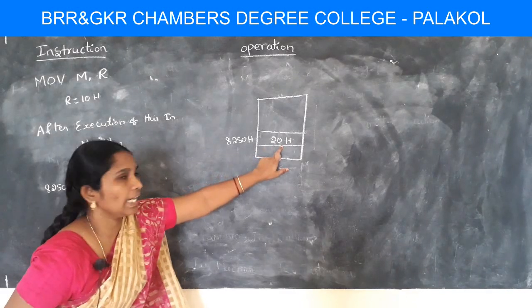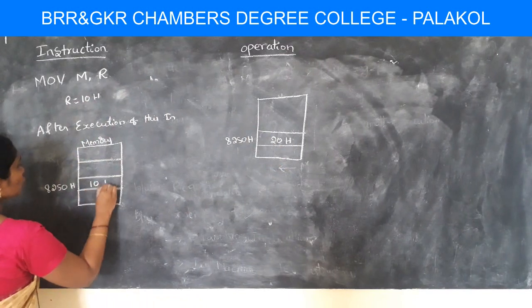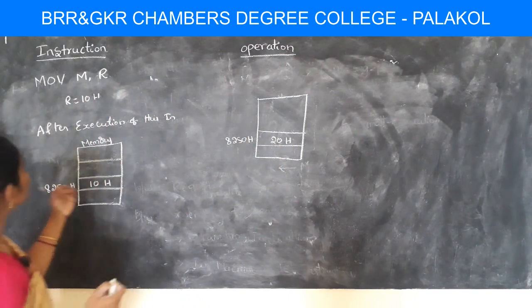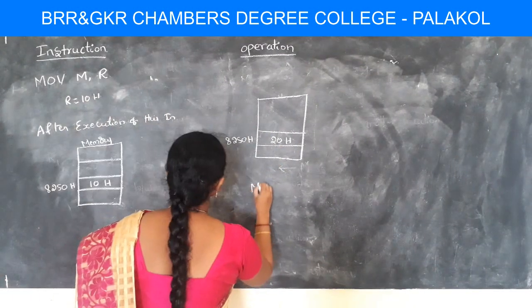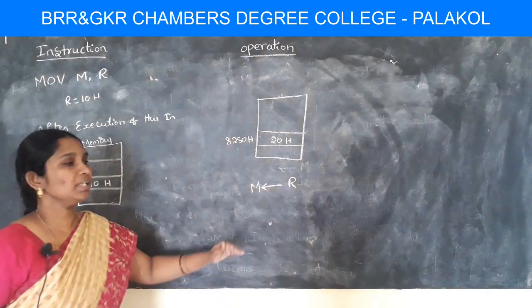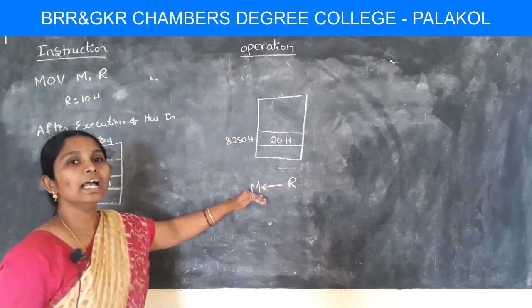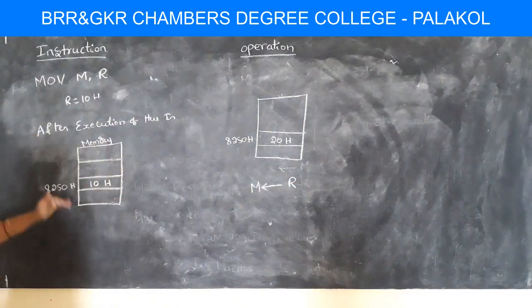This 20H is replaced with this 10H. Okay. So the meaning of this instruction is that R is moved to M, that means the contents of R are moved to this M. Therefore this is the meaning of this instruction.